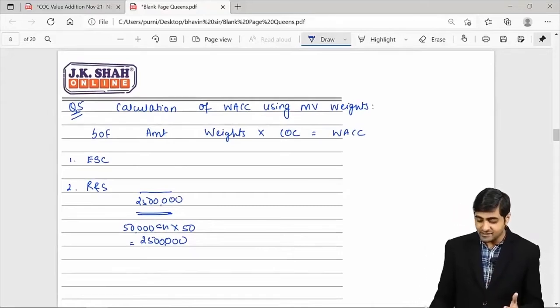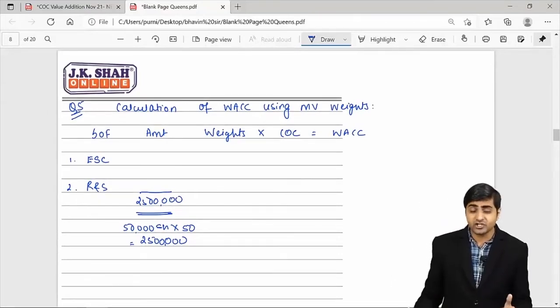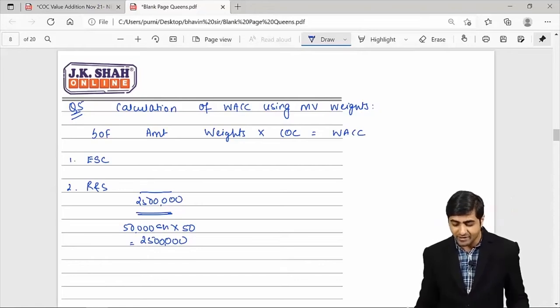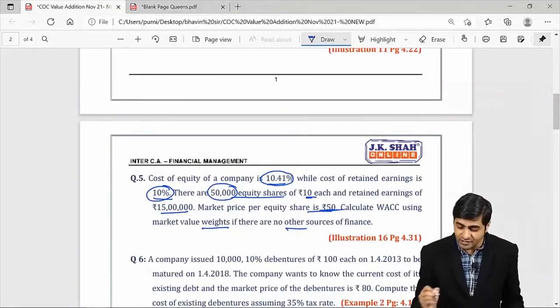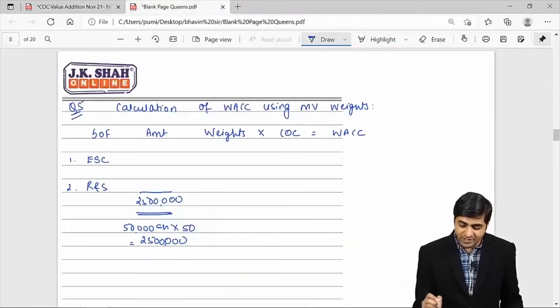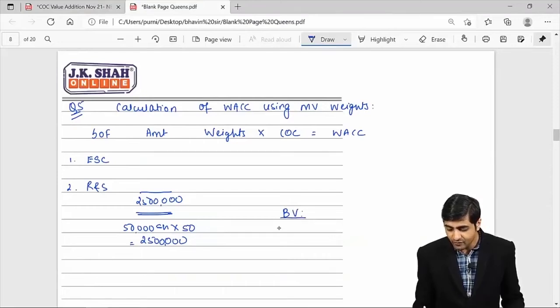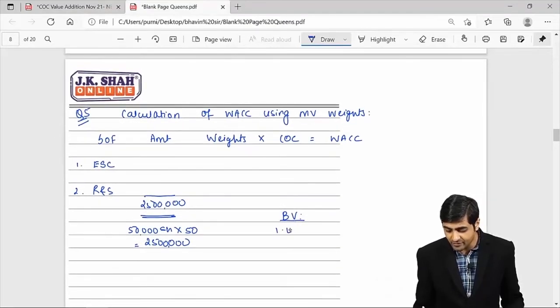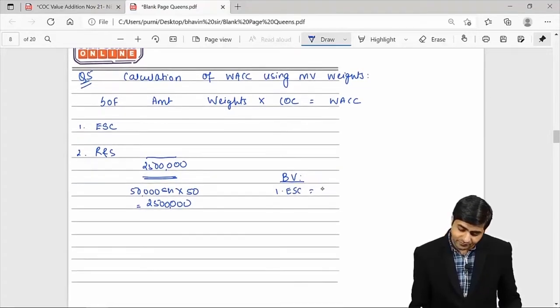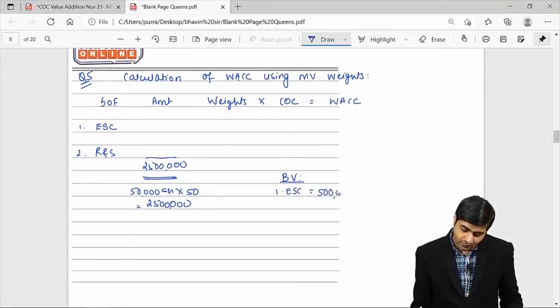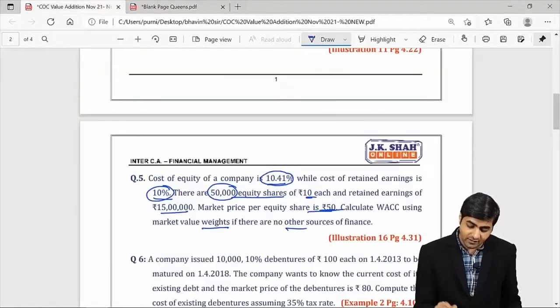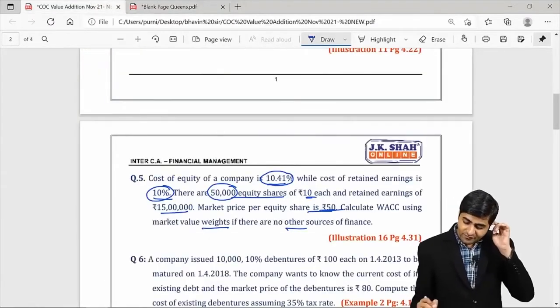Now let's divide this into your equity share capital and your reserves and surplus by considering book value weights. And in this particular question you can check that you have 50,000 equity shares of rupees 10 each. So basically your book value, we have equity share capital as 5 lakhs and your reserves and surplus is rupees 15 lakhs.